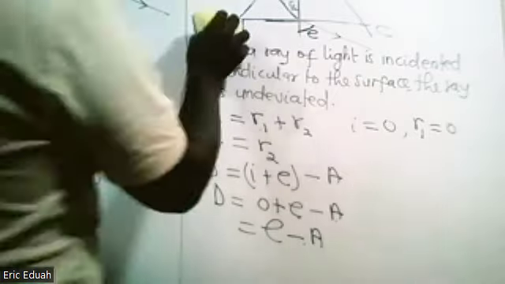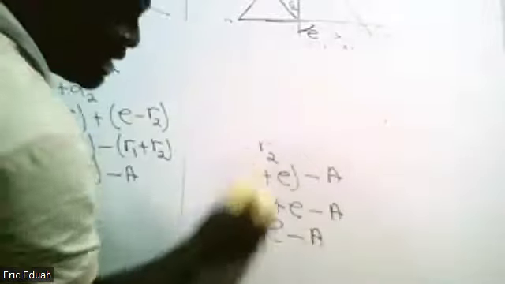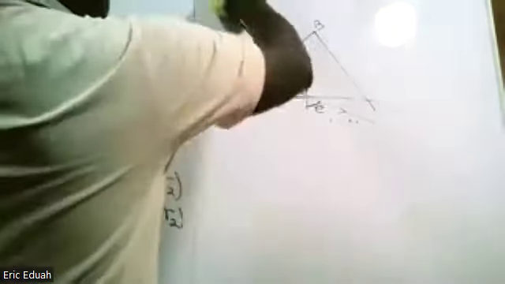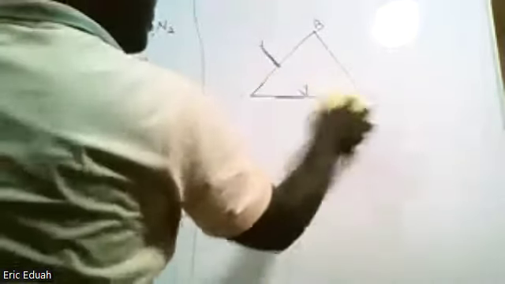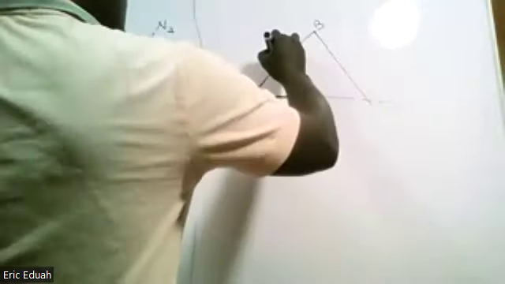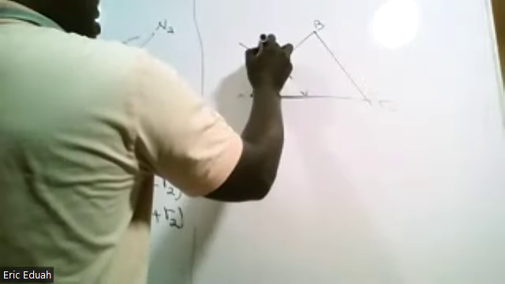So let's then continue with our discussion, if you are okay with this. If the angle of incidence is increased gradually, normal is here, and I is being increased gradually.